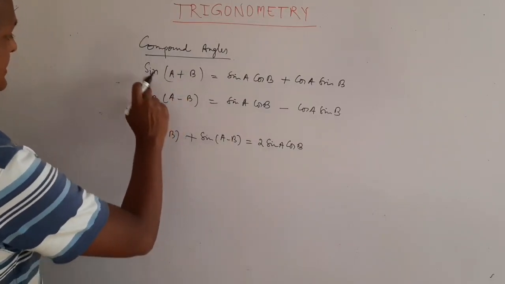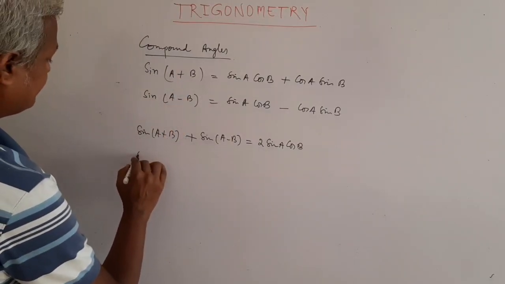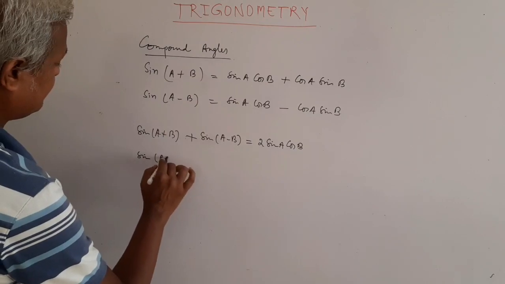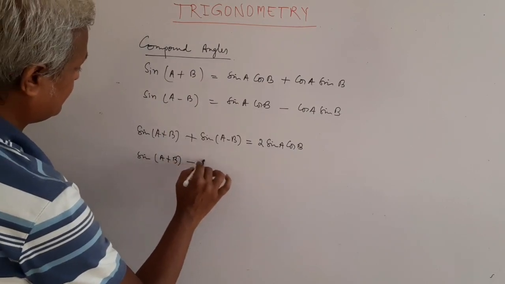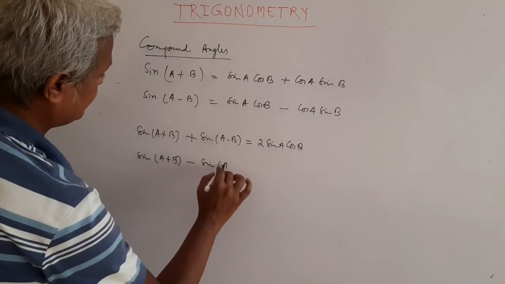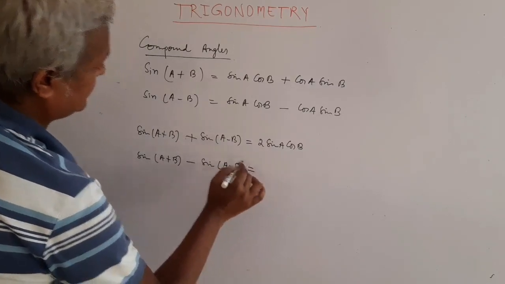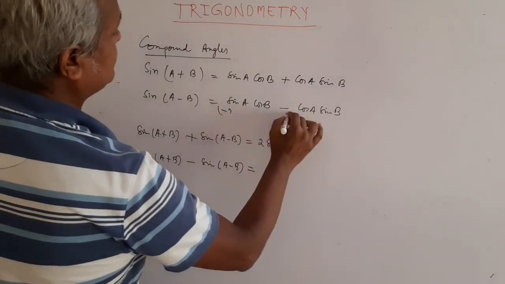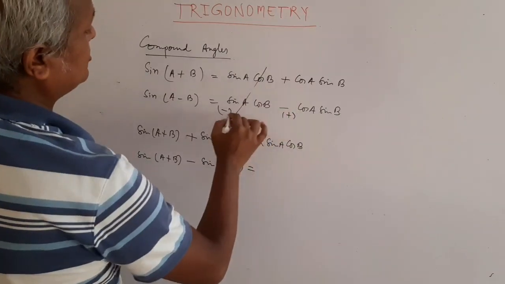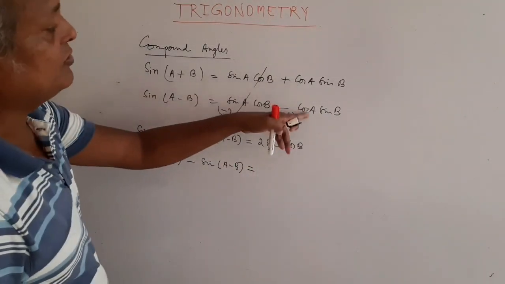Now if I subtract this from this, sine A plus B minus sine A minus B, this will become minus, this will become plus. So these two will cancel each other and these two will add up.